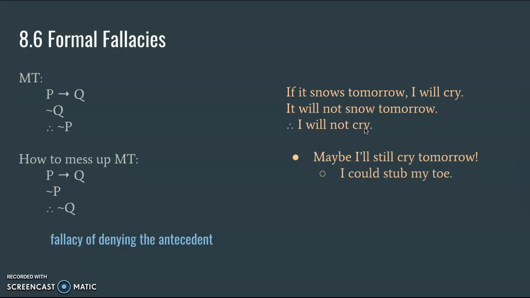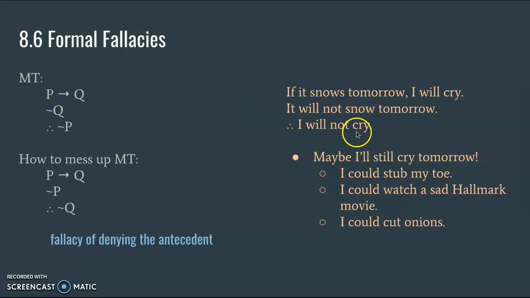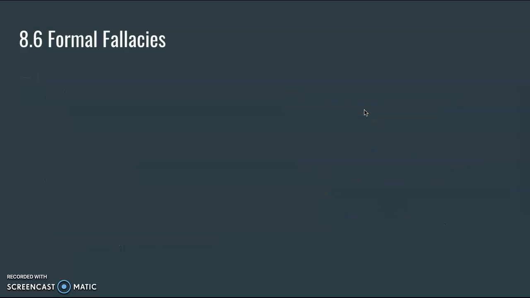I could stub my toe. I could watch a sad Hallmark movie. I could cut onions, right? So there's lots of other ways that this conclusion could be false, that I will not cry, meaning that I do cry, while the premises are true, okay? So hopefully that's a clear counterexample for you.